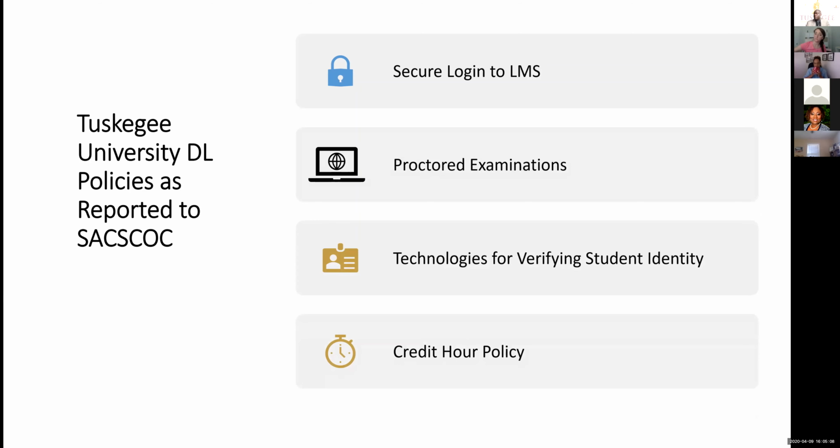And of course, the fourth policy has to do with the credit hour definition. We have to make sure the courses we build meet the definition of the credit hour according to Tuskegee University's definition of the word credit hour.